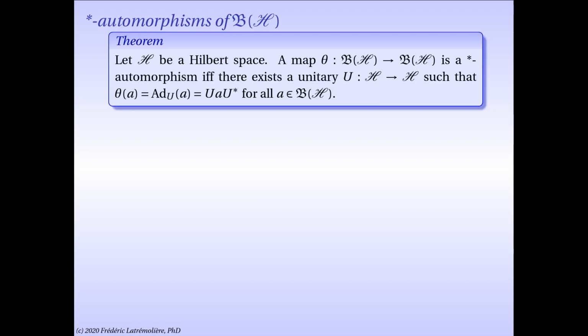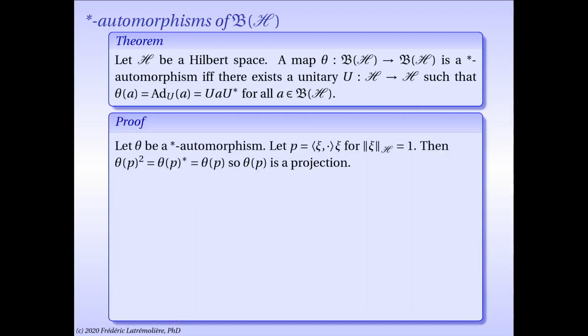So in other words, theta is the adjoint action for the unitary u, or, put differently, theta is what's called an inner automorphism. So we see that the star automorphisms of the C-star algebra of all bounded operators on a Hilbert space are implemented exactly using unitaries of Hilbert spaces.